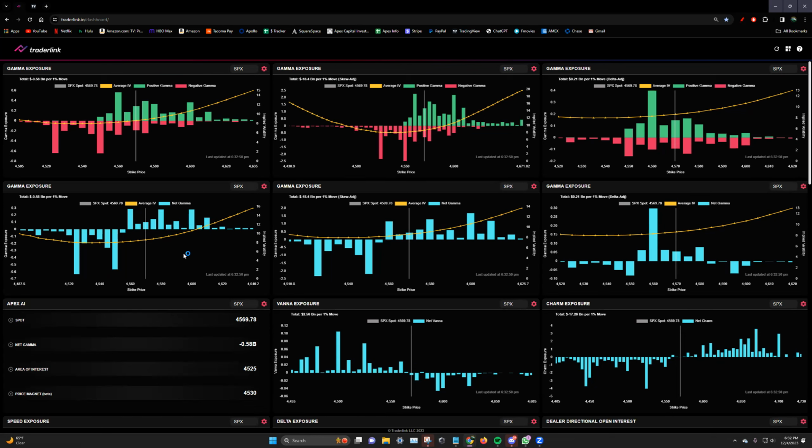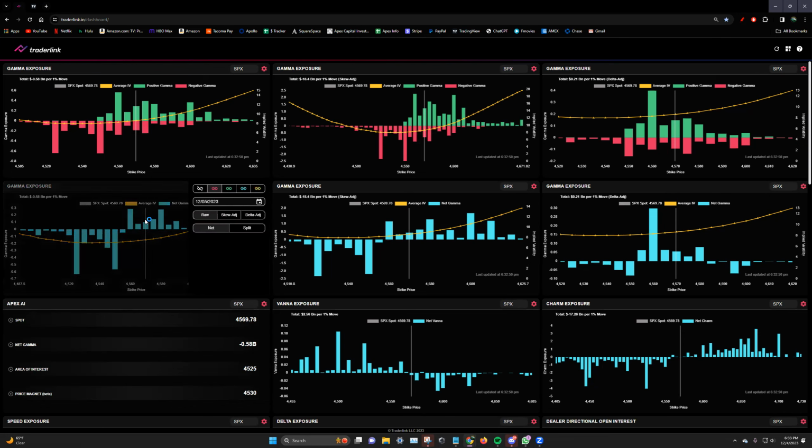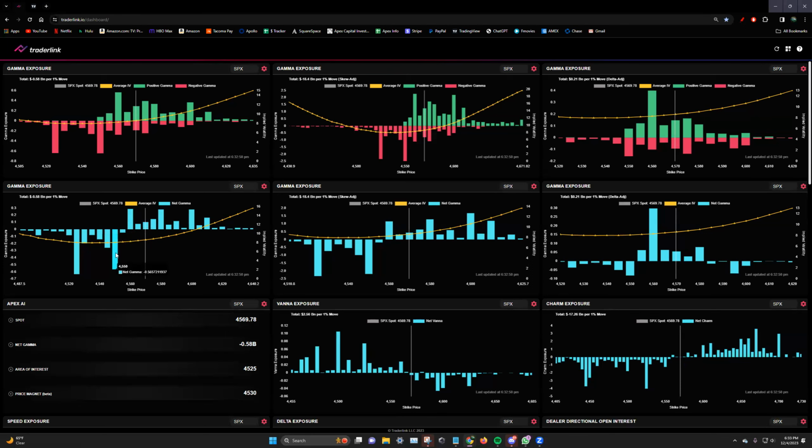Keep in mind, the net chart is the same as the split. It's just mathed out. Like this one, we'll take this number here.